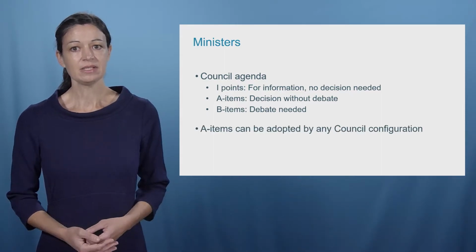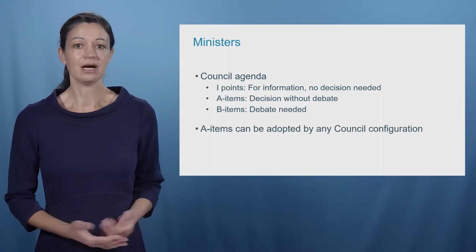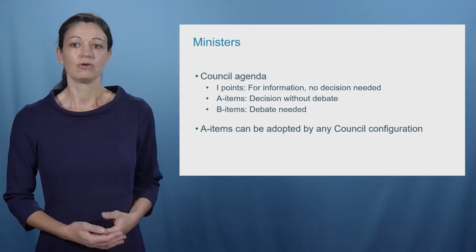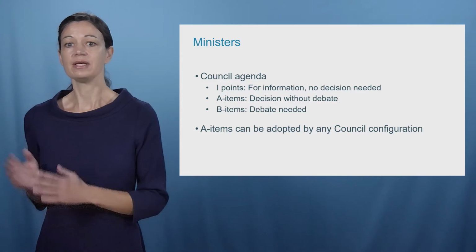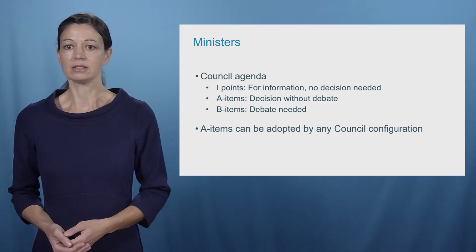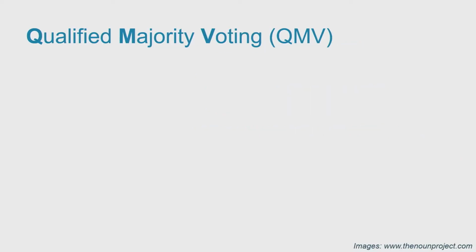A items can be adopted by any council configuration. For example, a fisheries decision can be taken by the Economic and Financial Affairs Council. When a legislative proposal has made its way up to the council meeting, a decision on whether to accept, amend, or reject this proposal must be made.